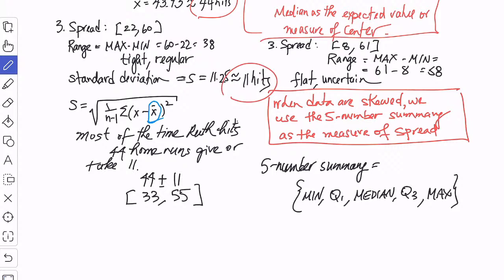So what do these mean? Minimum is the smallest value. Q1 means the first quarter, or that's where 25% of the observations are below this value.